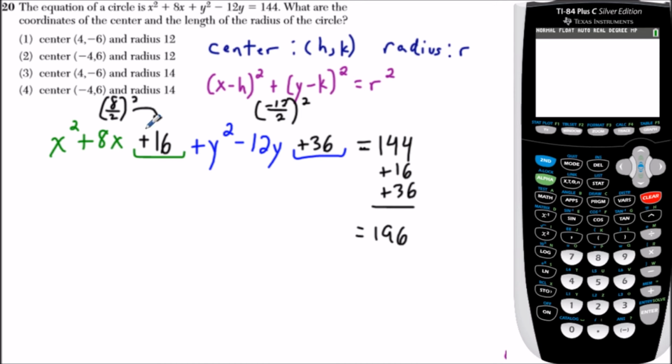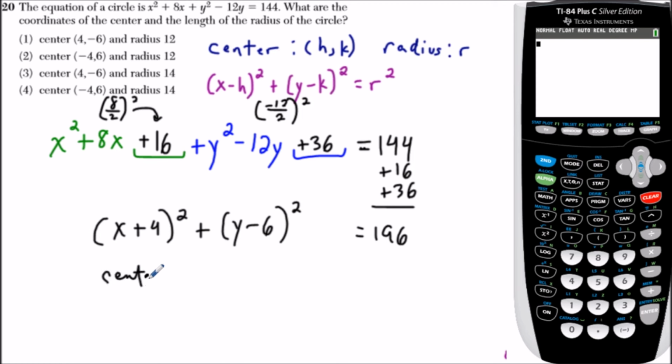The x quadratic is going to factor to x plus 4 times x plus 4. So we have x plus 4 squared. And then the second one is going to factor to y minus 6 times y minus 6, which is y minus 6 squared. So then for the center, what you have to do is just switch the sign of the number in front of the x.